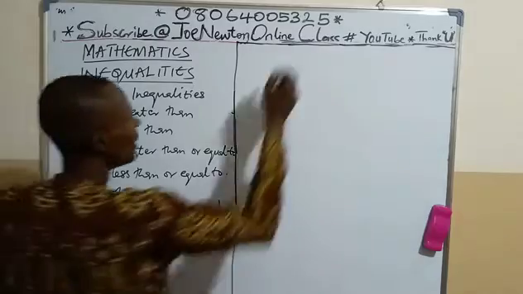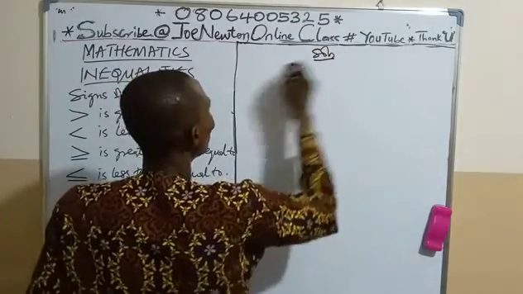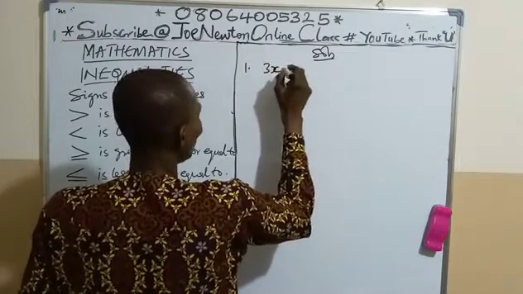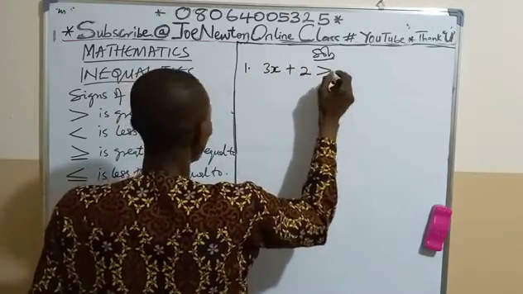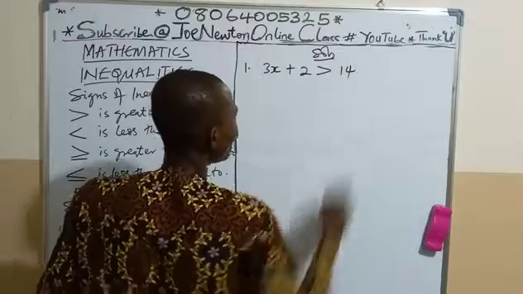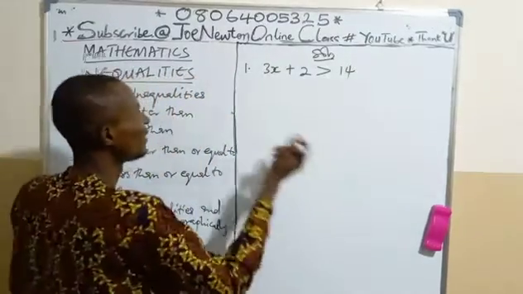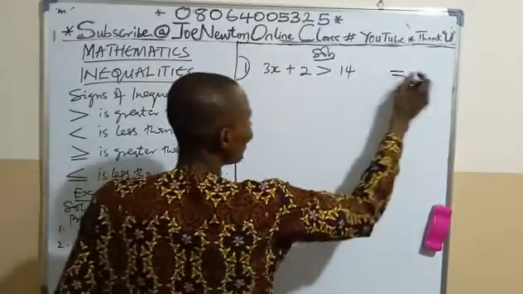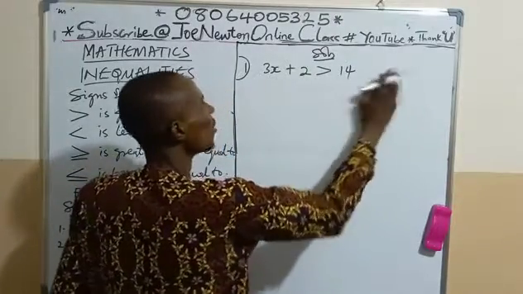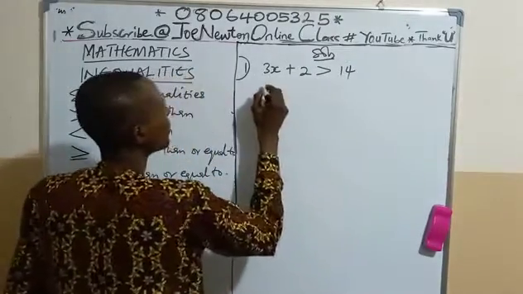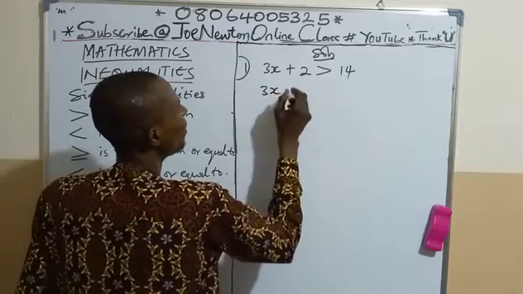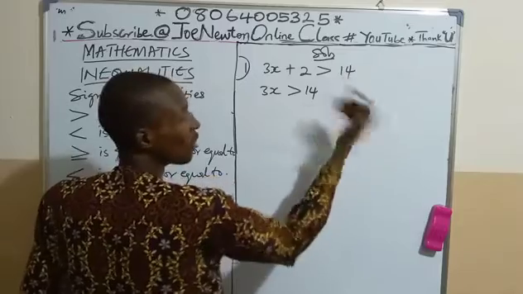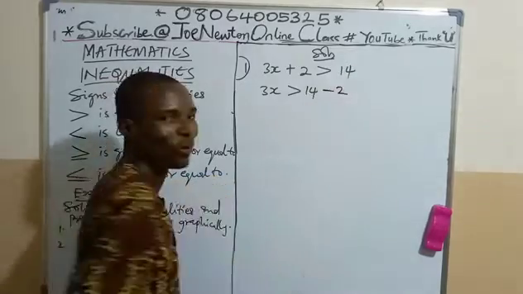Now let's solve quickly. Number one says 3x + 2 > 14. Simple. In this case, don't put the sign of equality here. This sign is not needed at all in this work. So we have 3x > 14 - 2. The 2 crosses over and becomes minus, like we do in our ordinary equation.